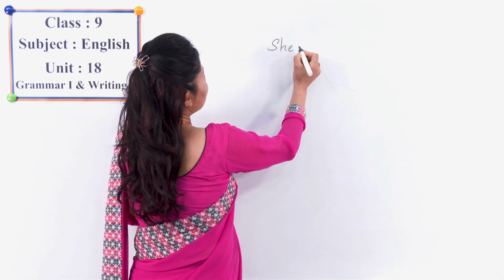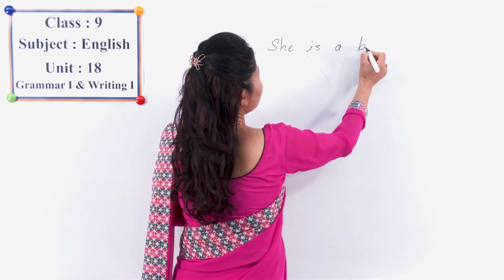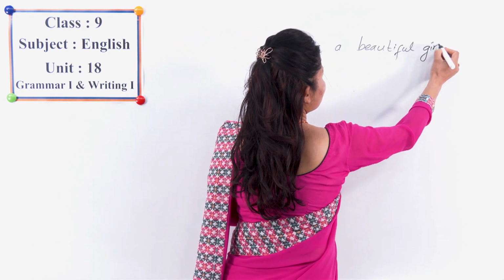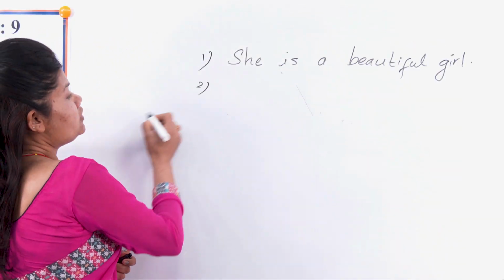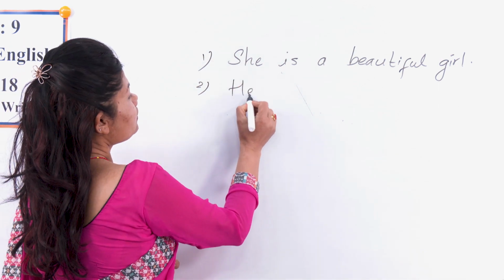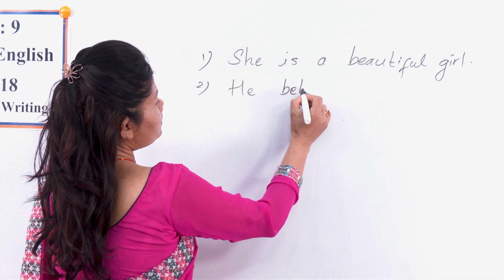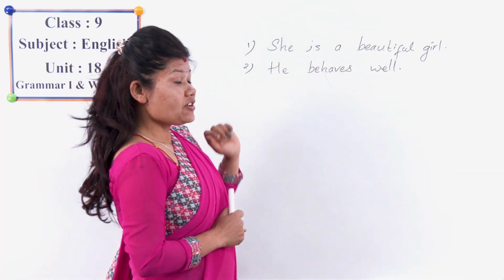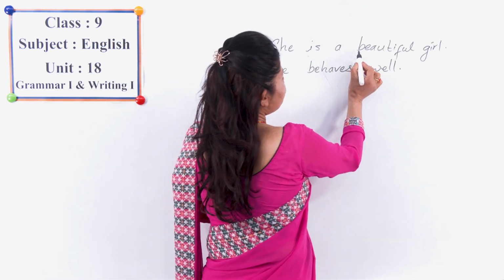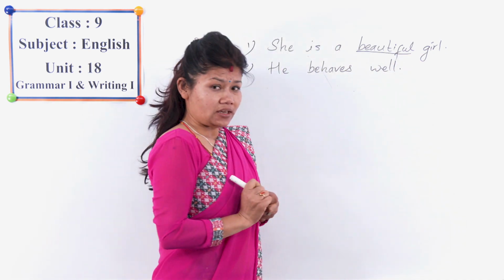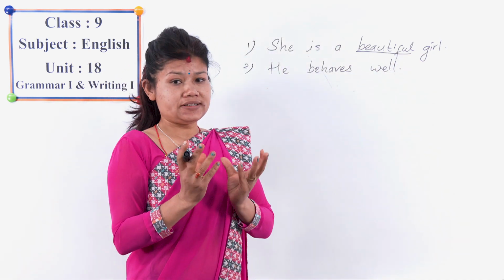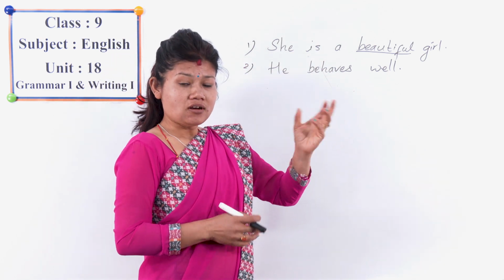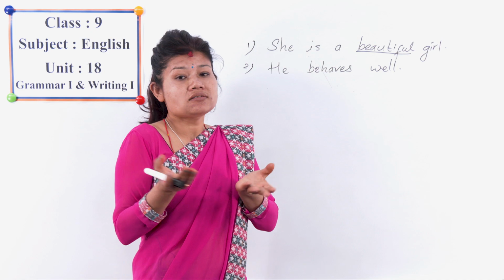She is a beautiful girl. This is the first sentence. Number 2: he behaves well. These are two sentences, dear students. Now look at this, beautiful. It's a simple sentence, and there are different components of a sentence which are also called parts of speech. A sentence is made up of different parts or elements.